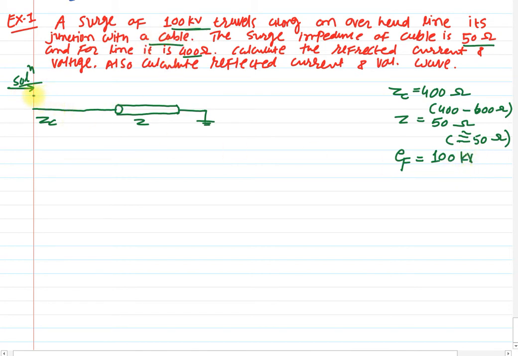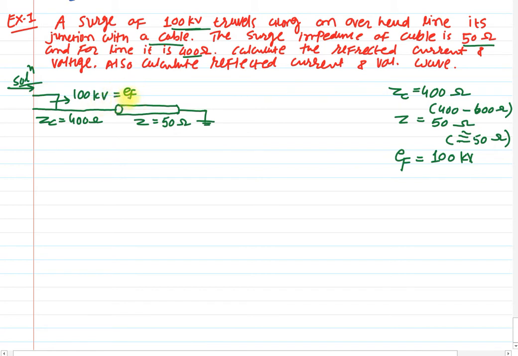So let us draw here a voltage wave having a magnitude of 100 kV, traveling on the transmission line, and the line is a junction with a cable, where ZC is given as 400 ohm and Z is given as 50 ohm. So for such a network, it is EF.